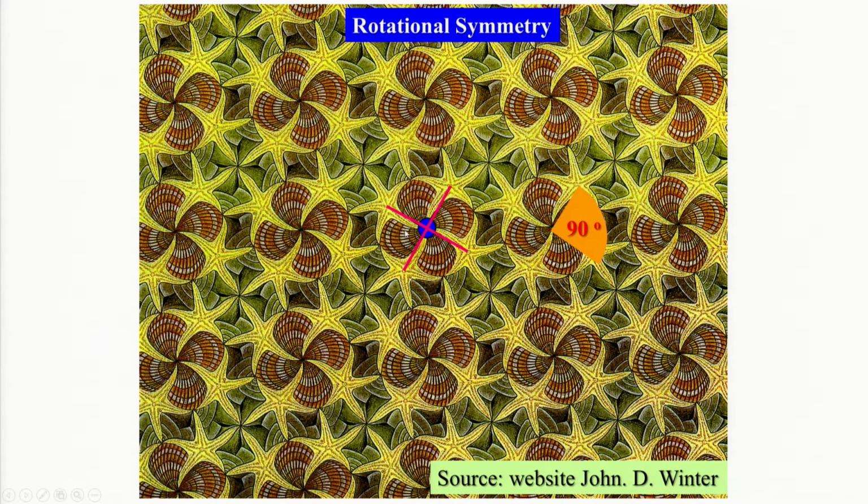So, you see there is a periodicity of the occurrence of these particular objects, in this case pellucidal shells, or these are bivalve shells, and they are related to each other by symmetry operation.